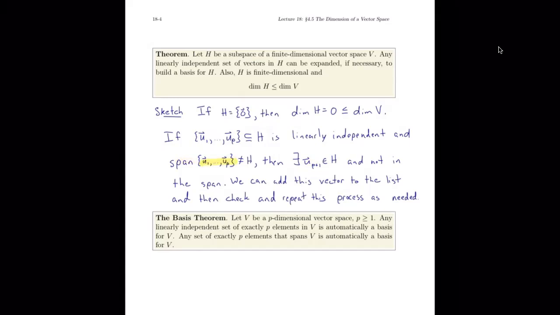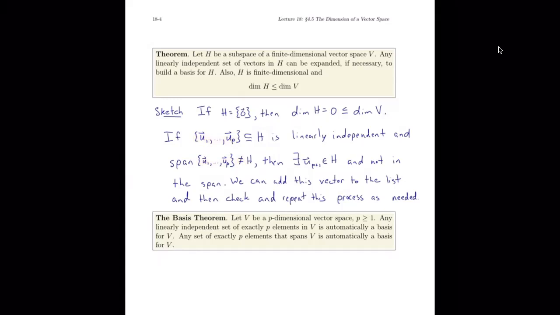We have to do it K times. And once we do get a set of linearly independent vectors that spans H, then we stop. So of course, that's the way we would extend a subset of the subspace to be a basis for H.